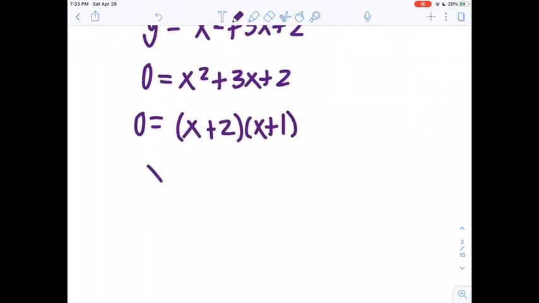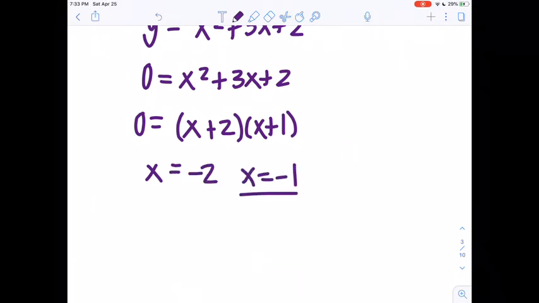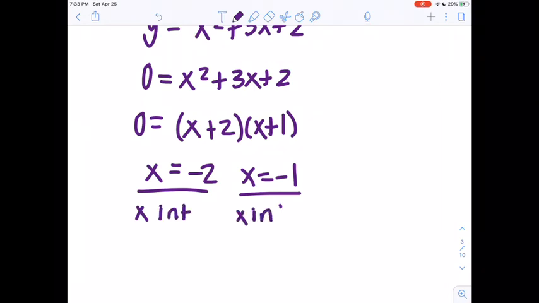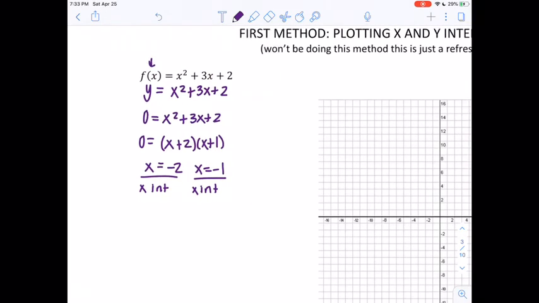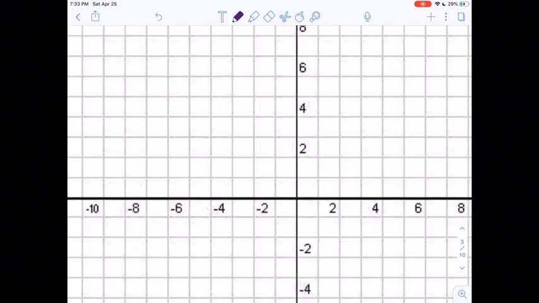And I'm going to solve for x. So x equals negative 2, x equals negative 1. So these are my two x-intercepts. So I have two real solutions, and they're going to cross the x-axis. So on the x-axis, I'm going to plot negative 2, and I'm going to plot negative 1.